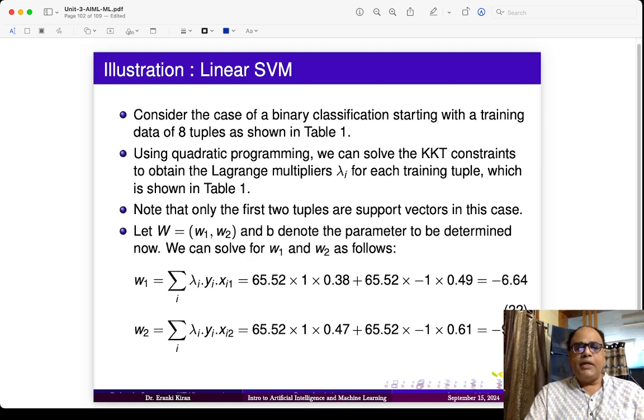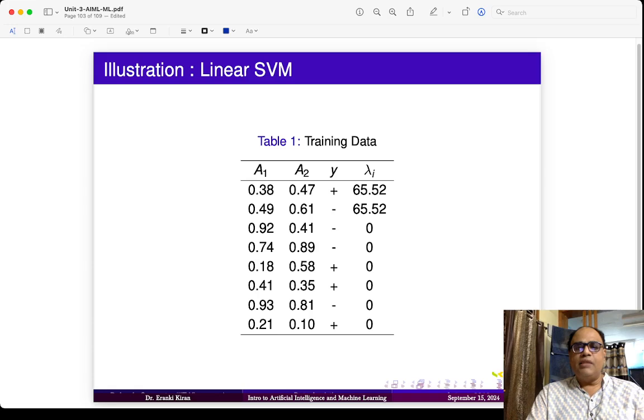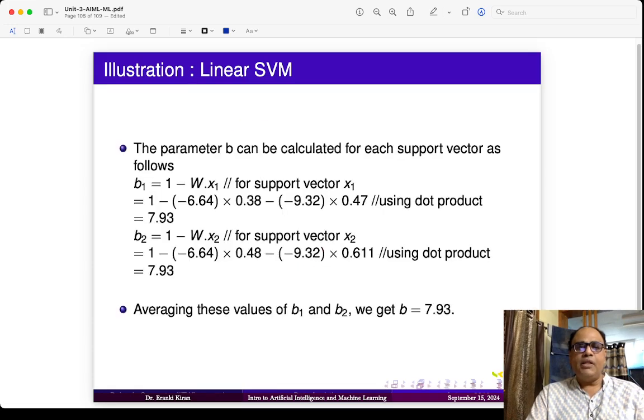So lambda i yi into x2 plus B for W2. B is the value that you have to identify. B will be the parameter used to calculate where the support vector for x1 falls, and where the support vector for x2 falls.